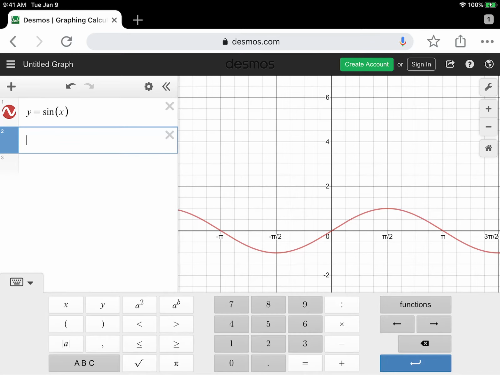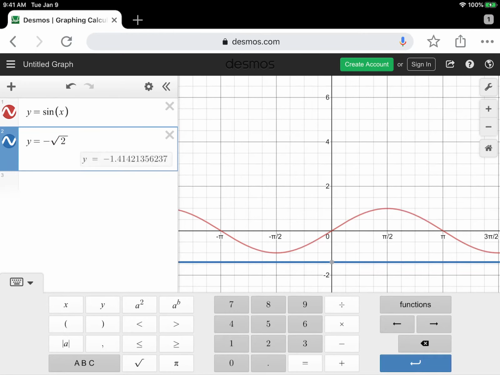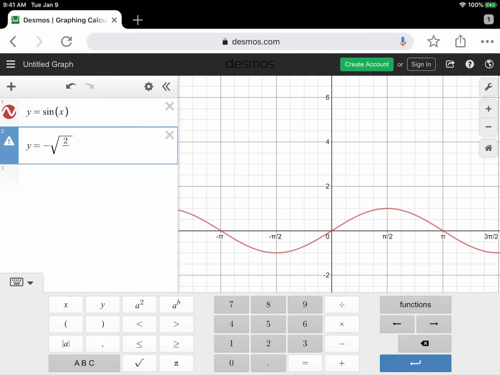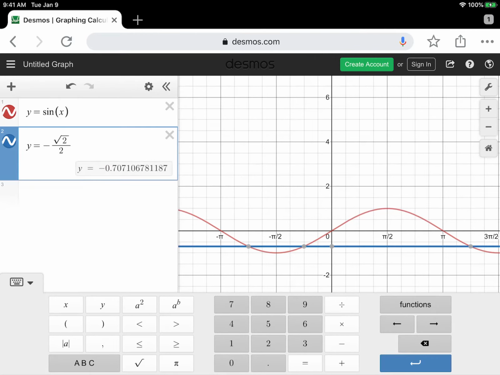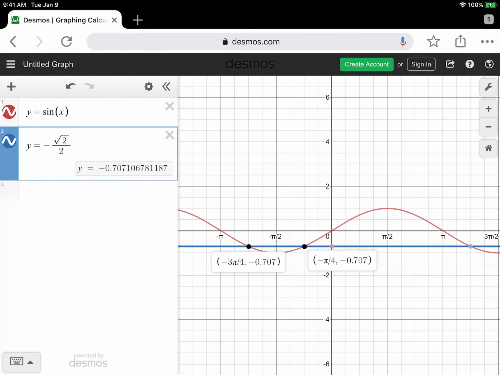I want to know when this function is equal to negative root 2 divided by 2. When you're looking here, it looks like my graphs intersect here, here, not there, here.